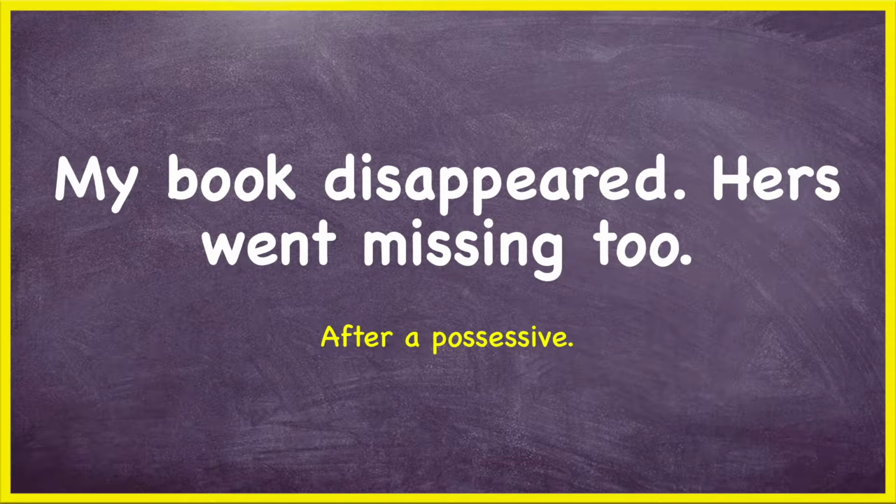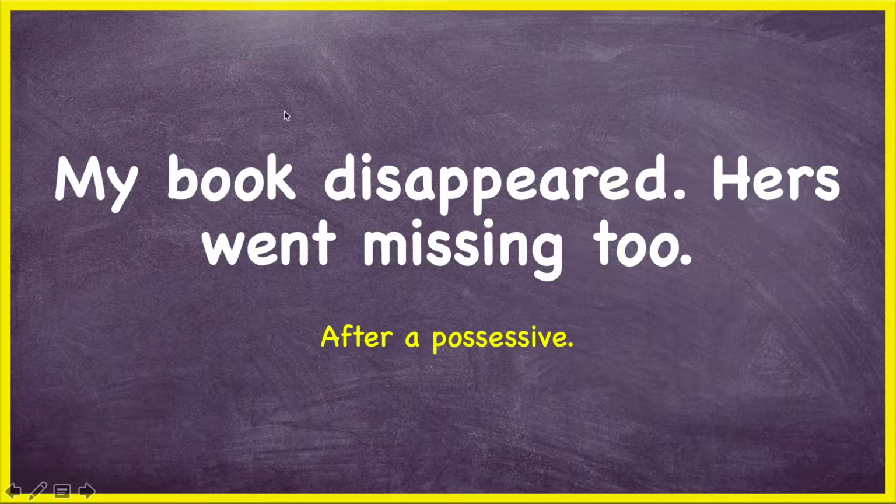My book disappeared. Hers went missing too. So here, what are we talking about? What's the noun that is omitted? It's book, right? But look at this one a little carefully, because if we're going to omit the repeated word book here, then we need to change the possessive a little bit because of its nature, right?